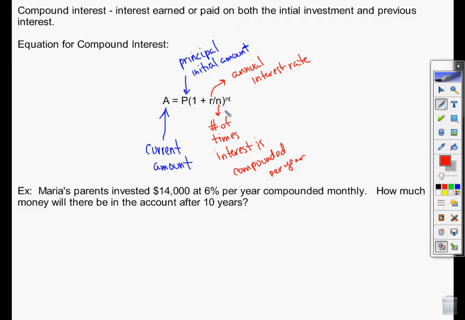And that N is there, and you also have an N right here, right? You have two N's. And then T is time in years. So I'm going to say N here so that you know it's in both places.